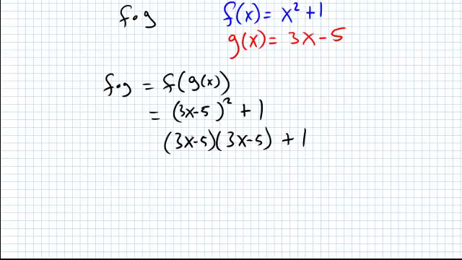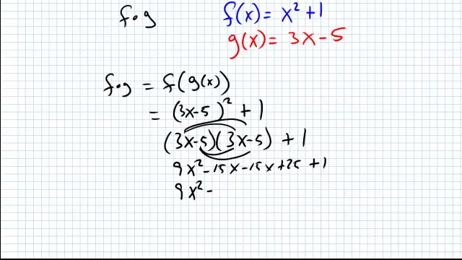I gotta FOIL this out, so this is gonna be 9x squared minus 15x minus 15x plus 25 plus 1. Combine like terms, 9x squared minus 30x plus 26. And there's my answer. So f of g equals 9x squared minus 30x plus 26.